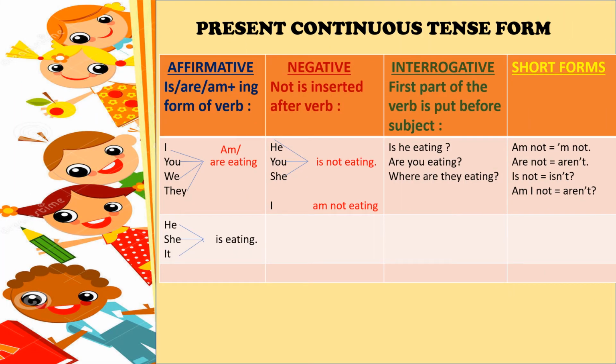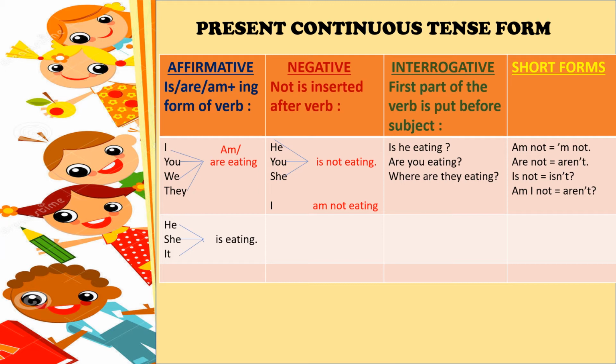Here also we have the positive, negative and the interrogative form. For I, you, we and they, we use the helping verb as am or are. Whereas for the pronouns like he, she and it, we use is in the positive form of sentence. Whereas in negative, we have to use the word not.